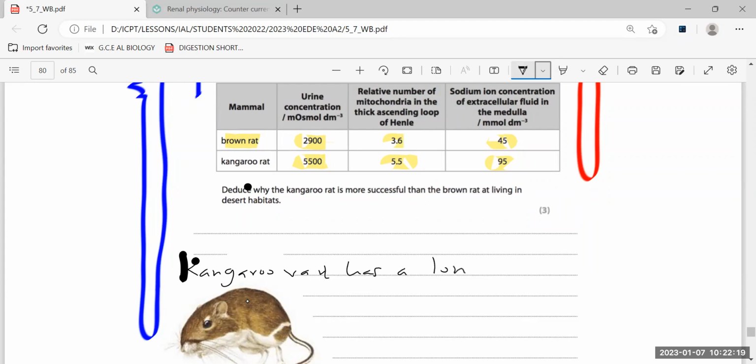I think this is something to remember, because questions relating to the kangaroo rat are asked many times, and we should know that the kangaroo rat has a long loop of Henle, because I think the textbook gives this as a good example.